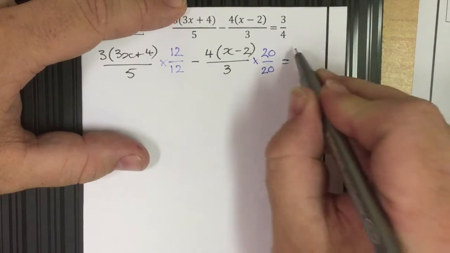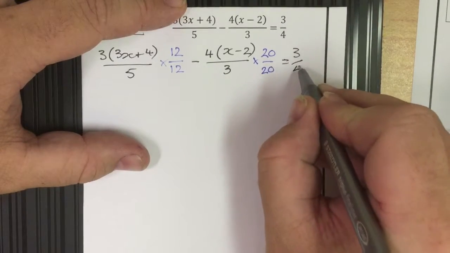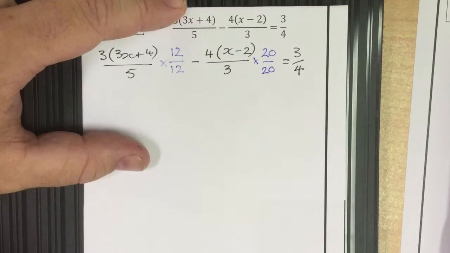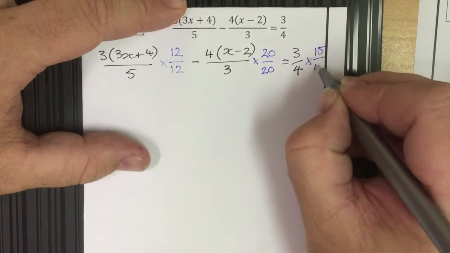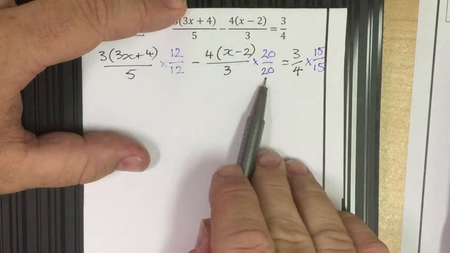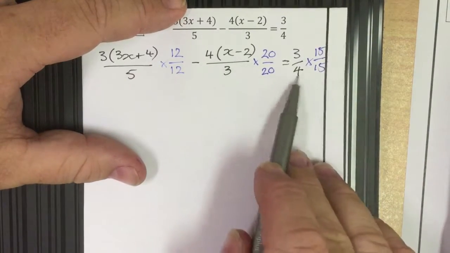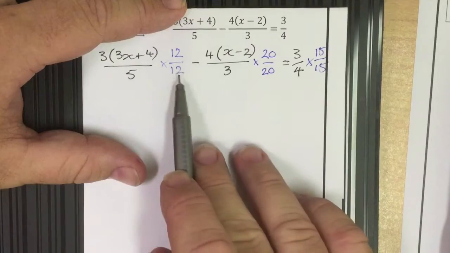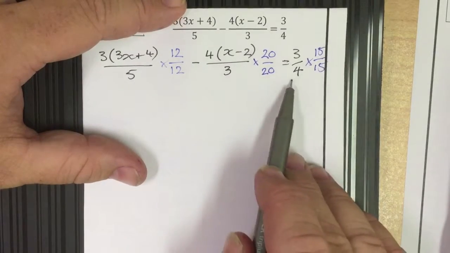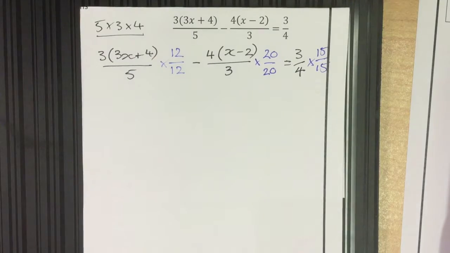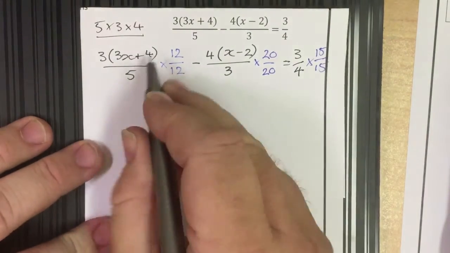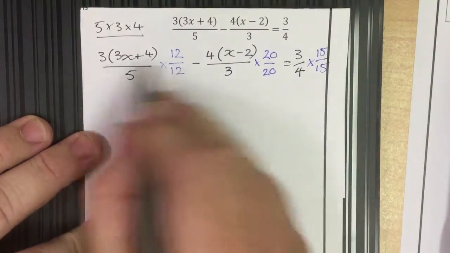And my final term is 15 on 15. You'll find that 20 is 5 times 4, you'll find that 15 is 3 times 5, and you'll find that 12 is 3 times 4. So let's neaten this up. So on this side here, I'm just going to put the 12 on the 12 times the 3.